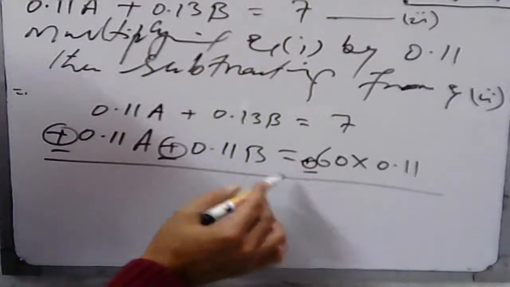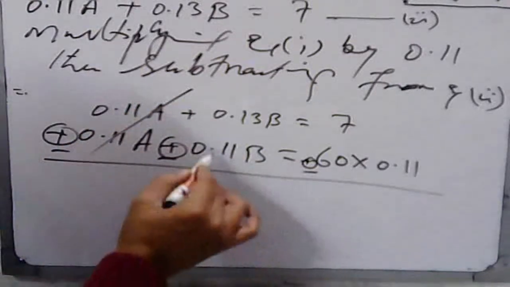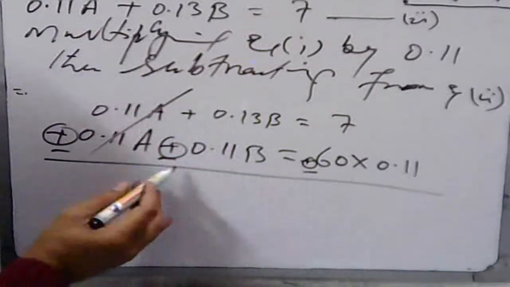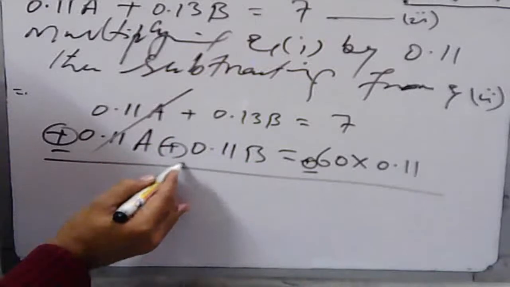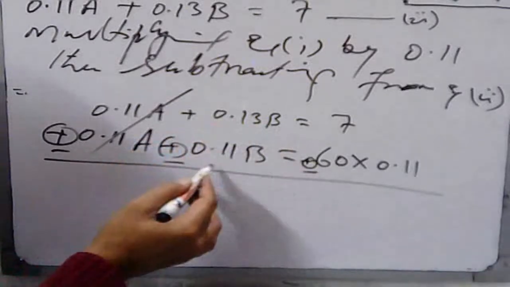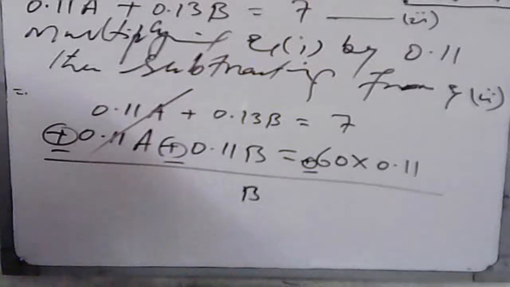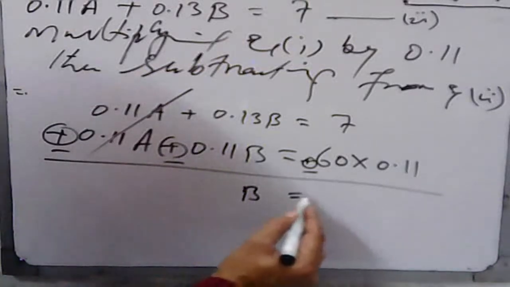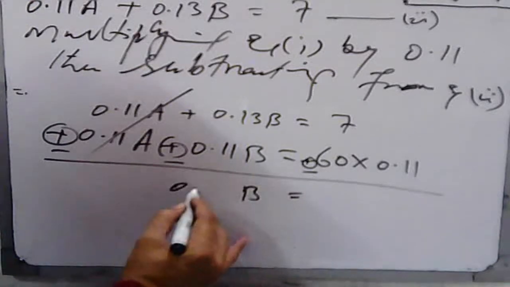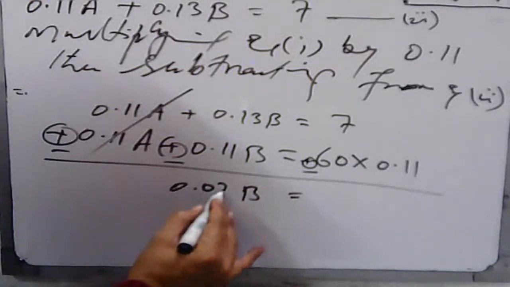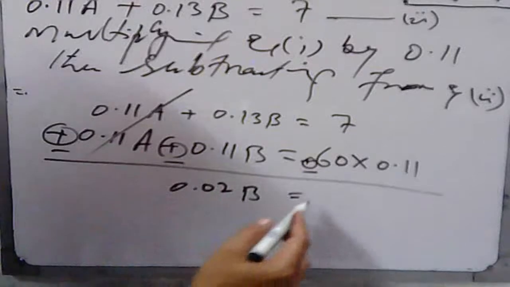Then subtracting 0.13 minus 0.11, you will get the value 0.02, and after multiplication you will get 6.6.